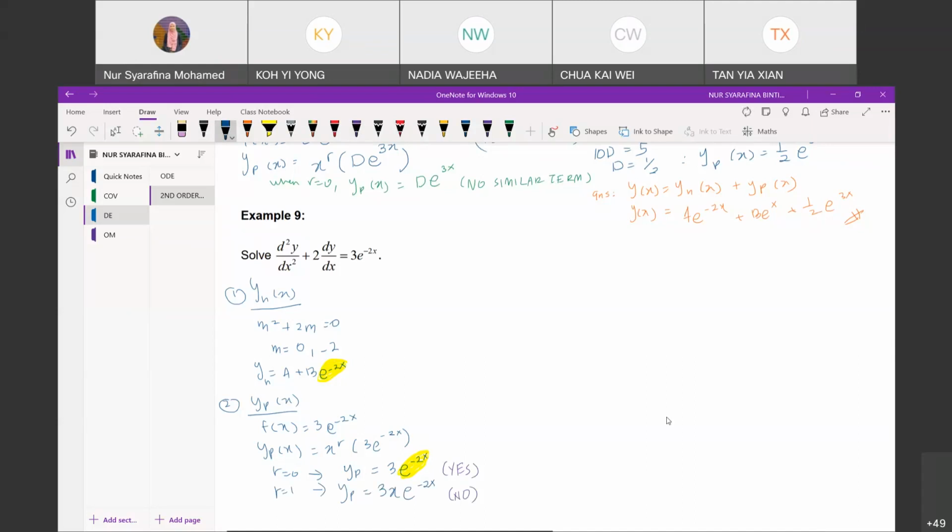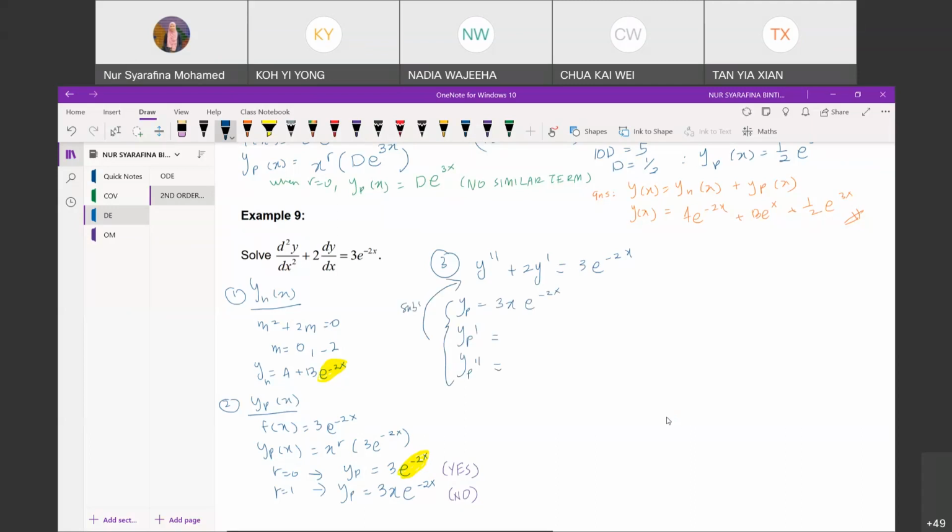Just match with the differential equation. Now your YP is Dxe^(-2x). You should find your YP prime and YP double prime, and substitute.